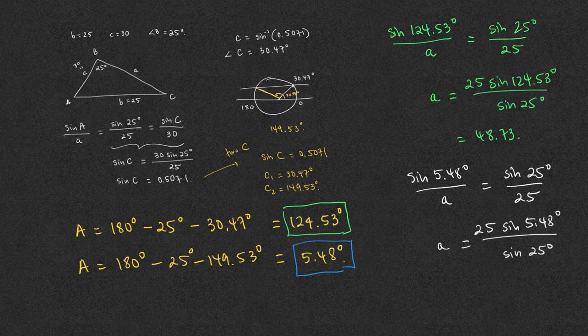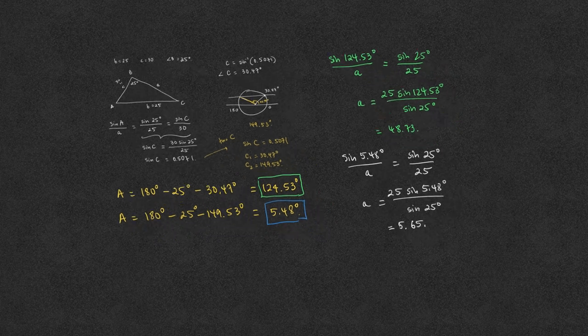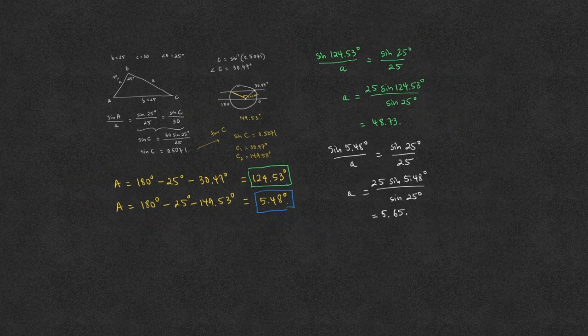And so we now evaluate sine of 5.48 times 25 divided by sine of 25, which is 5.65. And so to summarize this, we found two triangles.